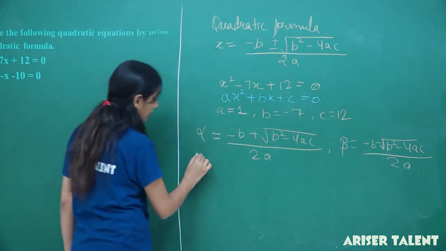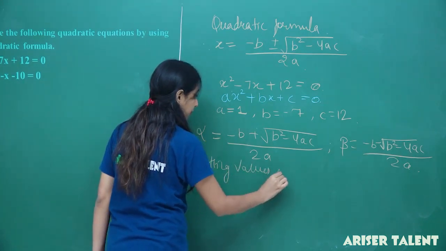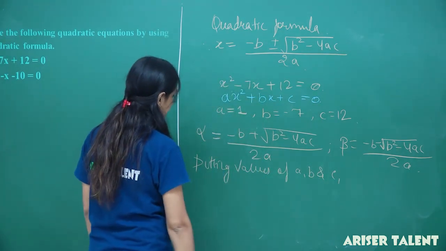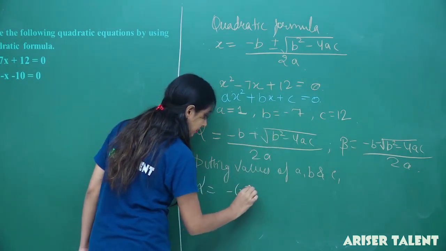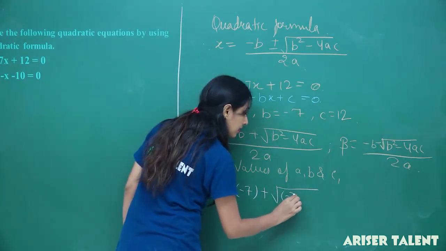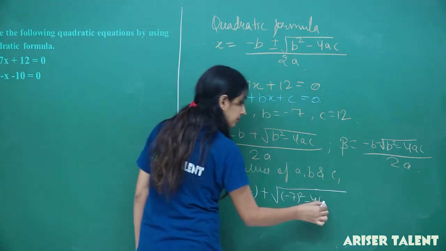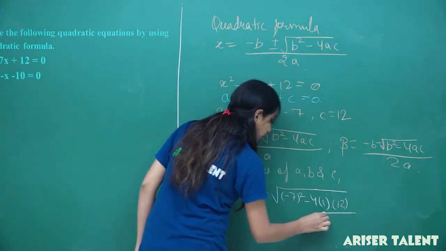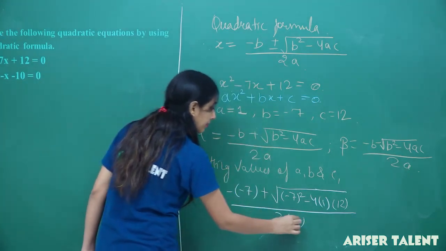Now, putting the values of a, b, c, what I have got is that alpha equals to minus 7, plus root of minus 7 square minus 4 multiplied by a 1 multiplied by c 12, upon 2a, 2 multiplied by a 1.